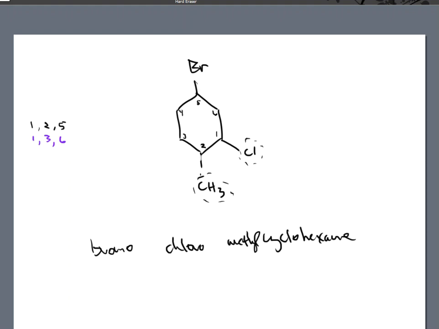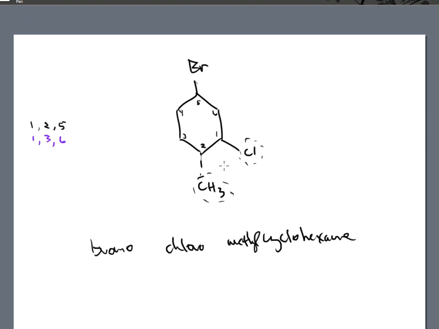But that's not the only way that we can number this ring. There's another way. Over here, the chloro and the methyl group are kind of grouped together. And I know that I told you that we give halogens the priority whenever we can. All right, and that's exactly what we do.